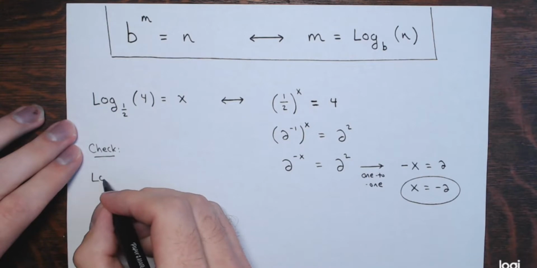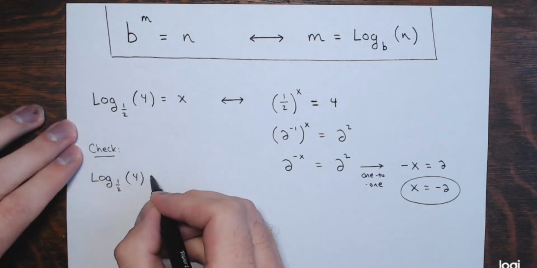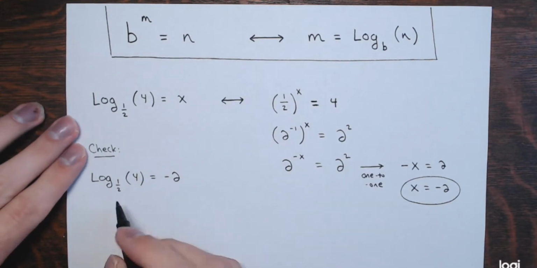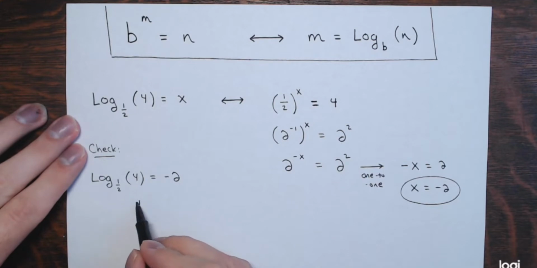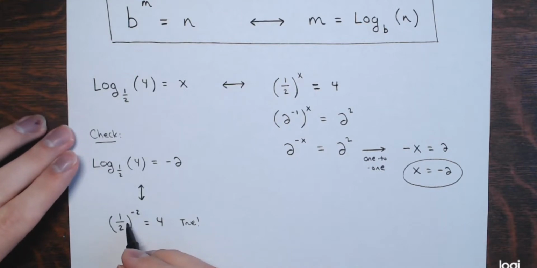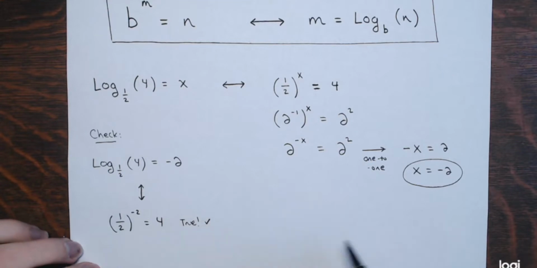Is the log base 1/2 of 4 equal to negative 2? If I change this to exponential form, this is 1/2 to the negative second power equals 4. And this is true, because 1/2 squared is 1/4, so 1/2 to the negative second would be the reciprocal, which is positive 4. This works.